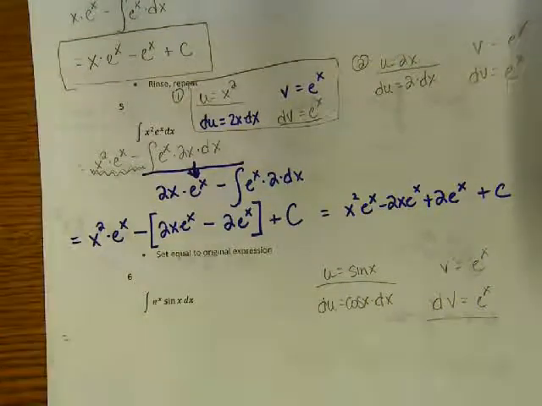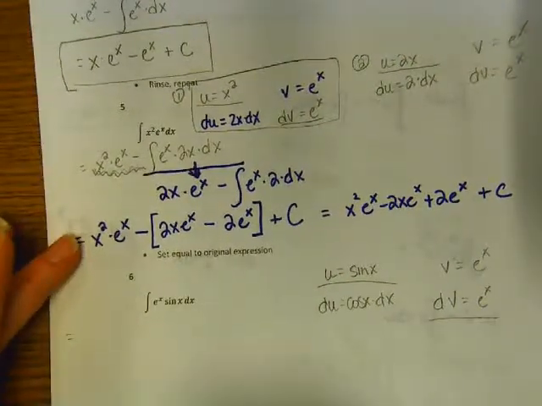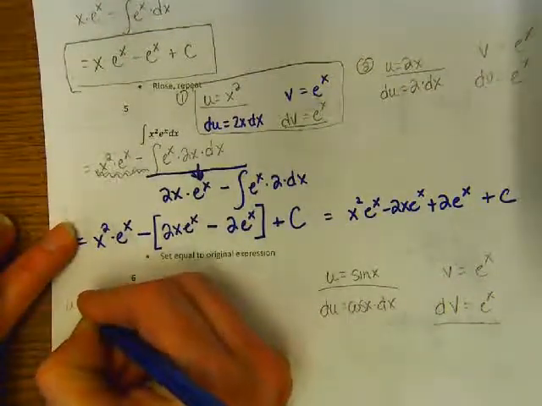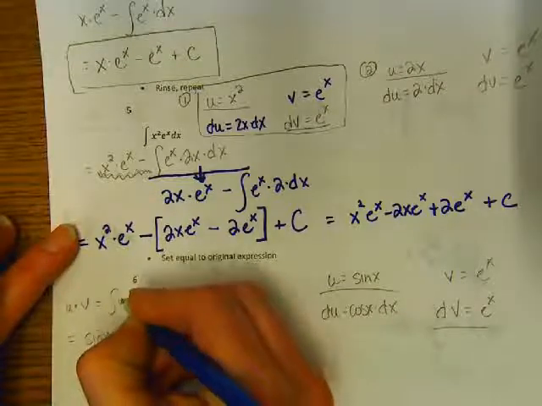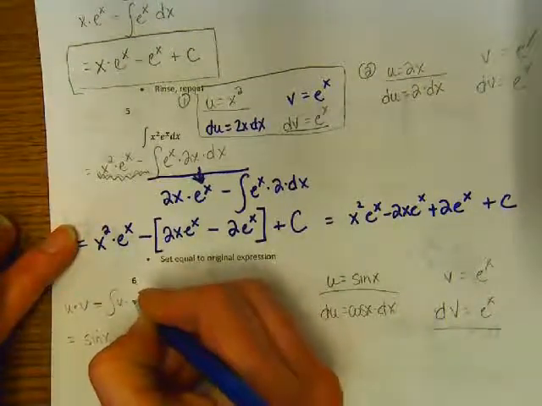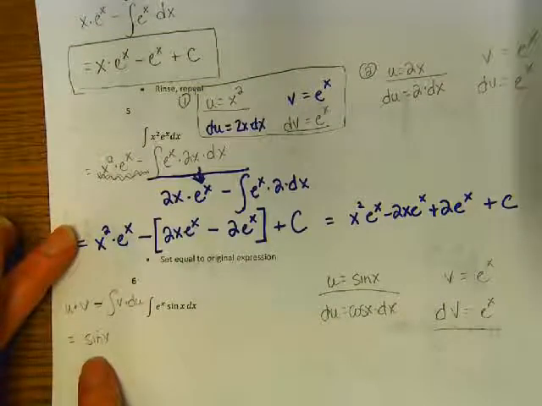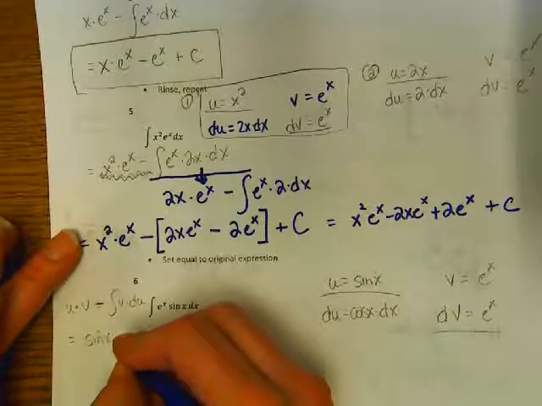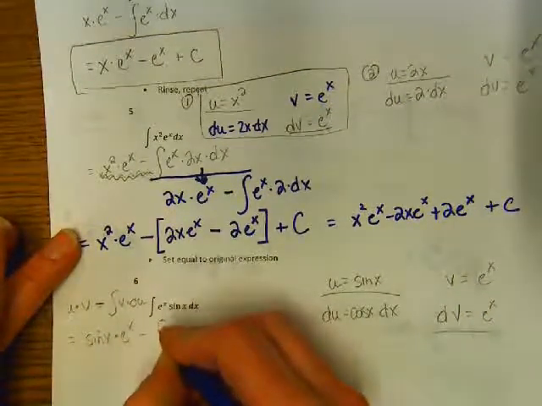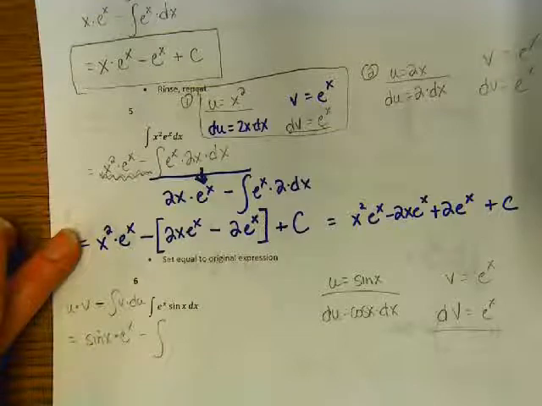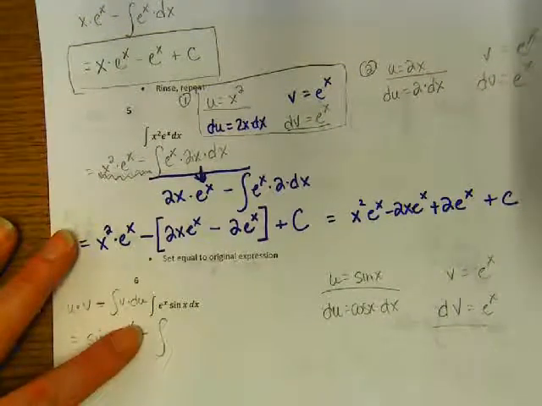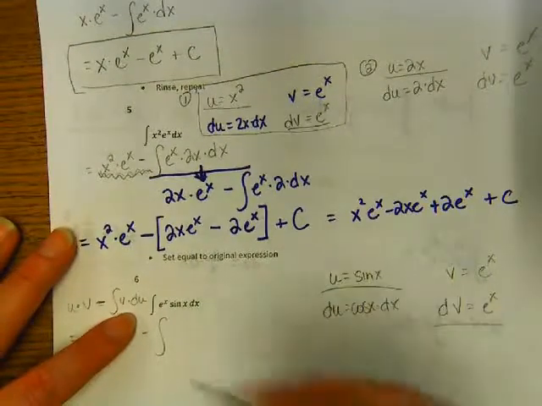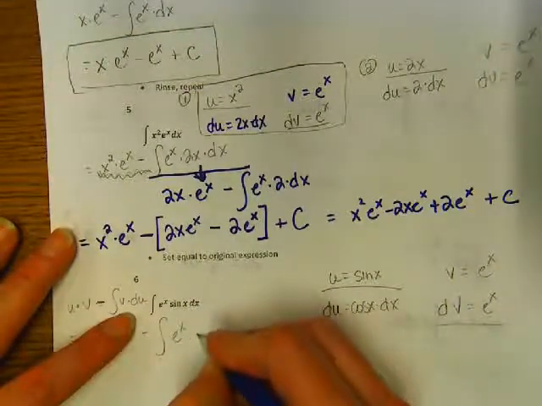Sine x times e to the x, minus the integral of v, which is e to the x, cosine of x, dx.